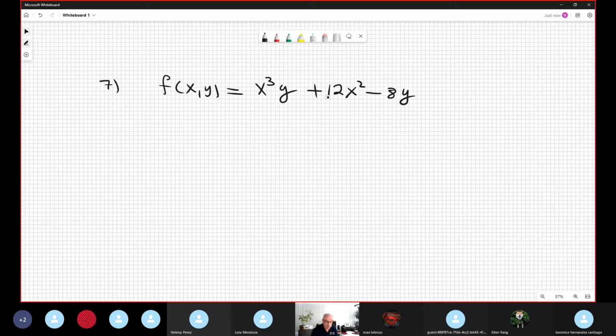Okay, step 1, you compute the partial derivative with respect to x. Well, actually, you know the max or min of the function you obtain at the peak of the hill or at the bottom of the valley. In this case, the gradient is 0.